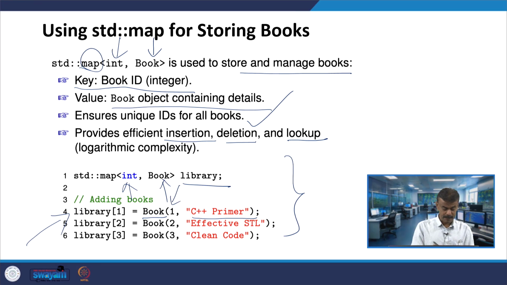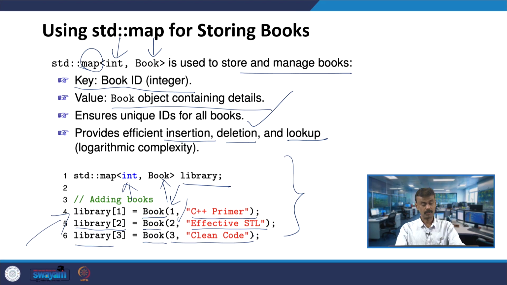The next one is library of 2, book object, passing 2 and Effective STL, and library of 3, passing 3 and Clean Code. Like this I can form the map, and these store the information about the books.